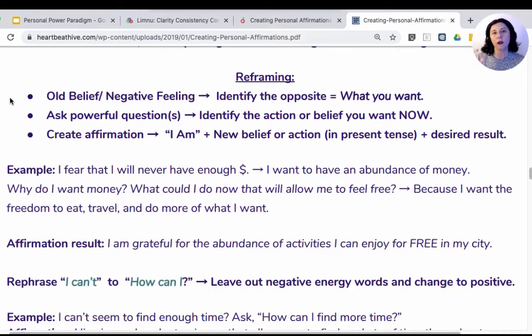That's a step. So you notice I didn't jump right to, I am rich. I went a step. And so right now I want to be able to make enough money. It's important to note that if you jump too high in your phrasing, it won't be believable and it'll feel really fake for you.